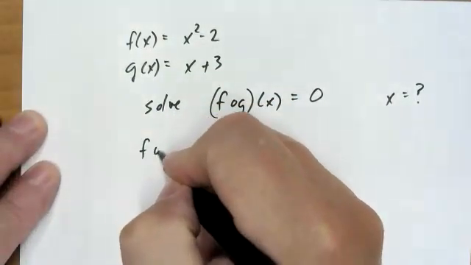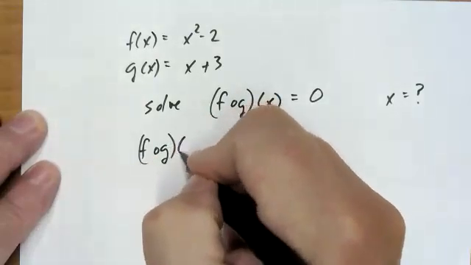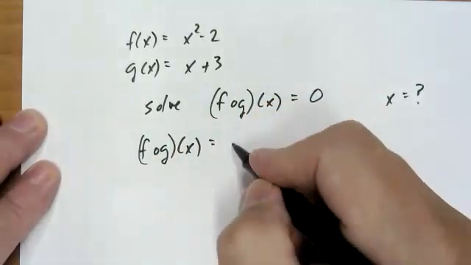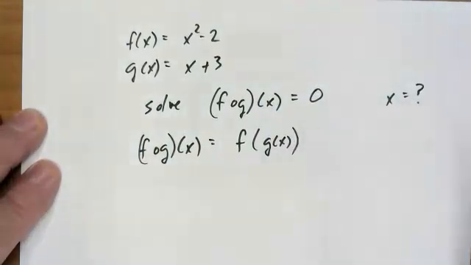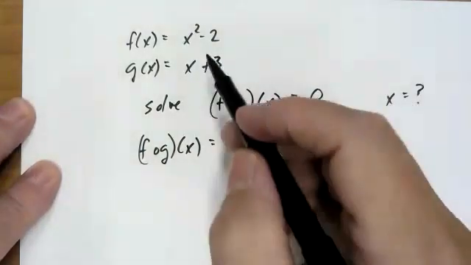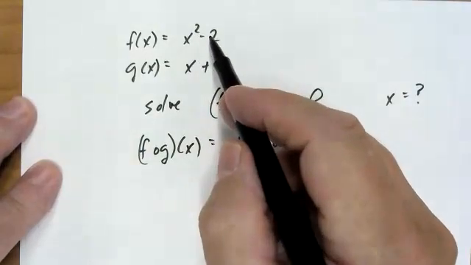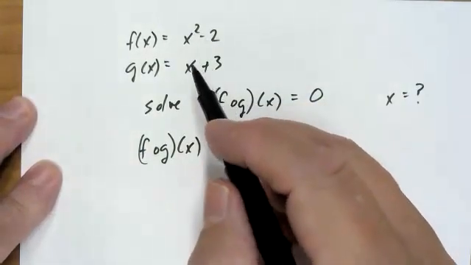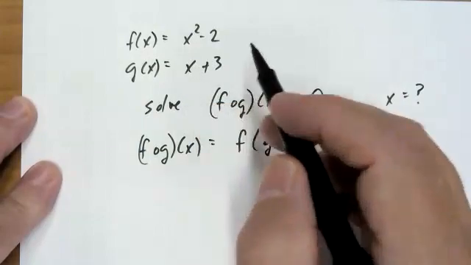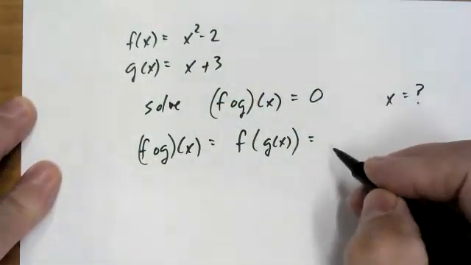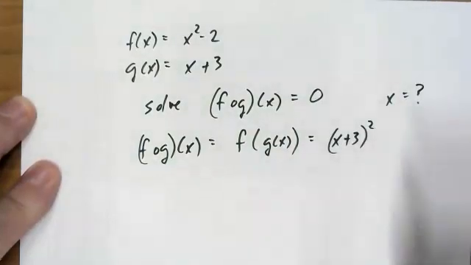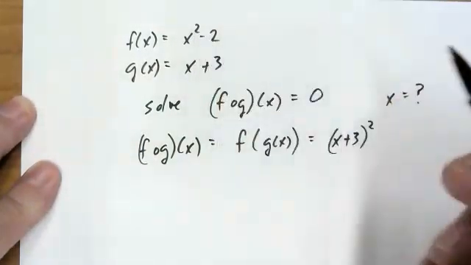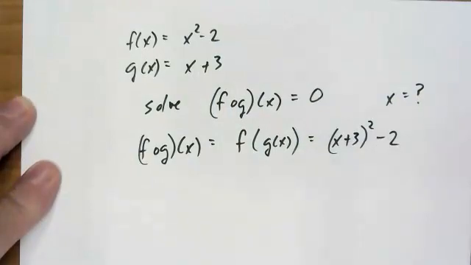So f composite g of x, once again, I rewrite it as f of g of x. So my f function is x squared minus 2, but in place of the x, I want to replace it with the whole g function. So the x squared becomes x plus 3 squared, minus 2.